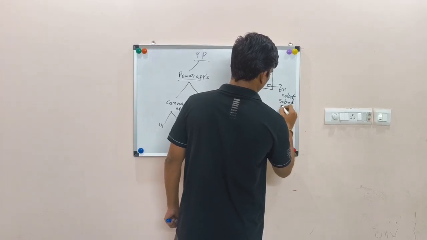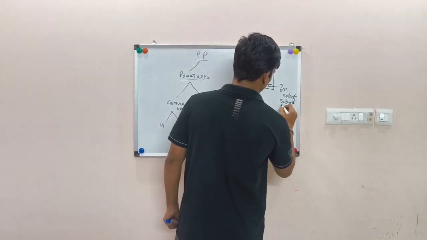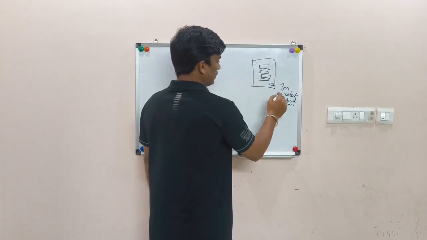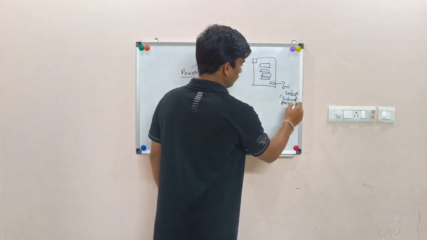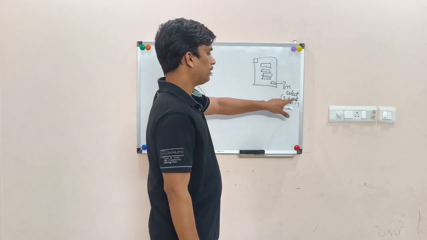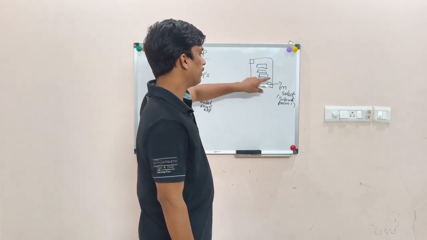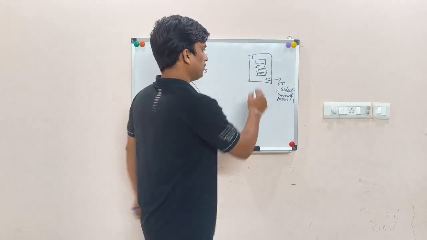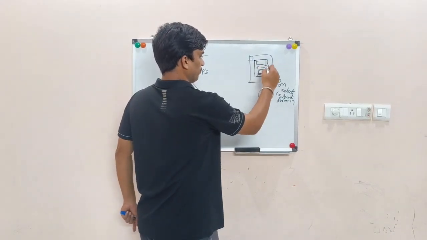SubmitForm(Form1). So this is a syntax. OnSelect is where this form will be submitted, and SubmitForm takes the name of this form.